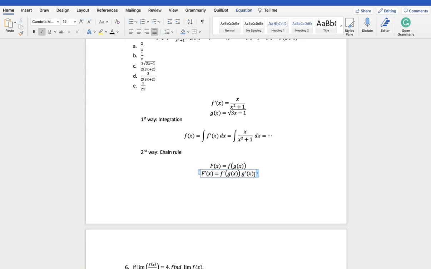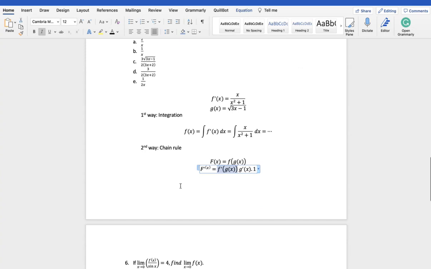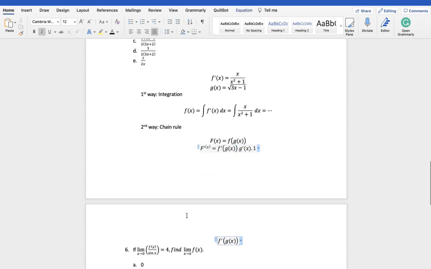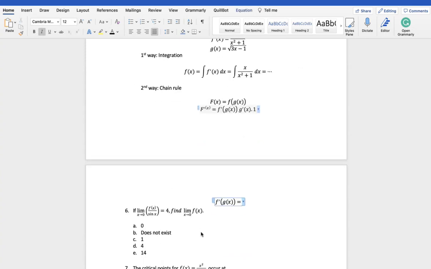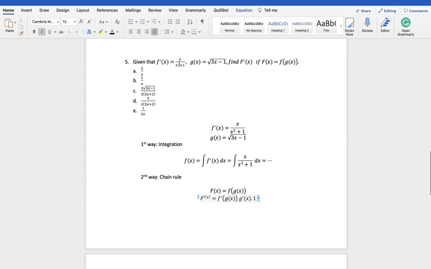So it would be 1 multiplied by 1. So that's your chain rule, if you remember it. Now, the first part of the derivative, which is f prime of g of x, is just g of x substituted into f prime.